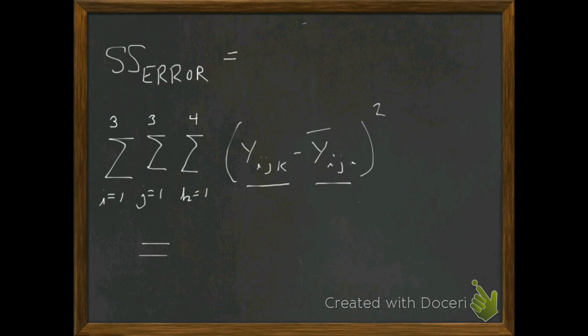So this is going to get just completely and totally ugly. And we're going to have a lot of things to calculate here. I don't think the sum of squares for the total will be any easier. I'm starting to second guess that. This may be the hardest.